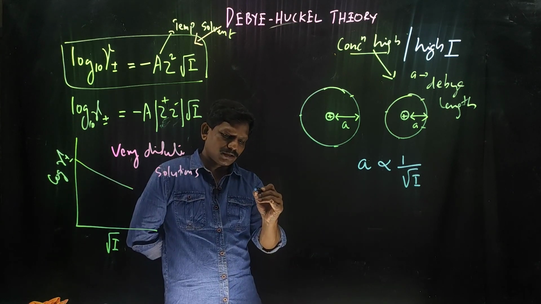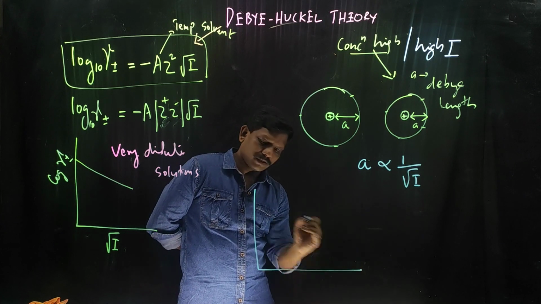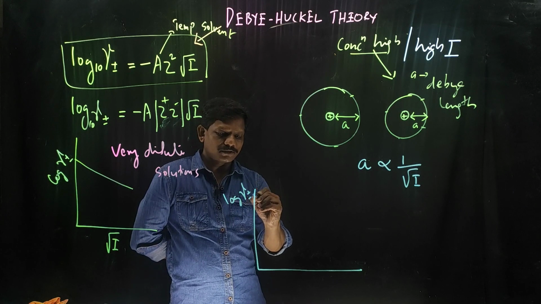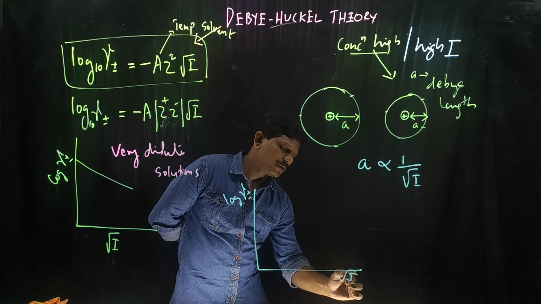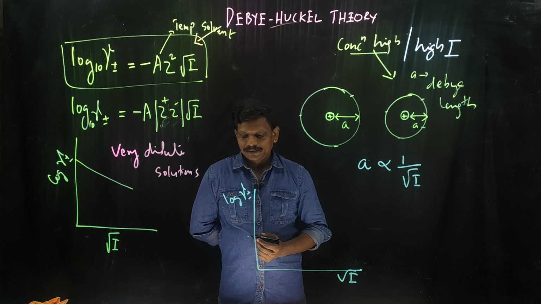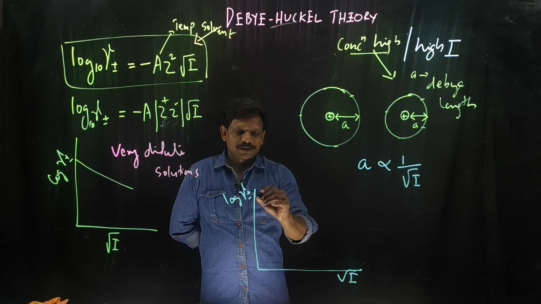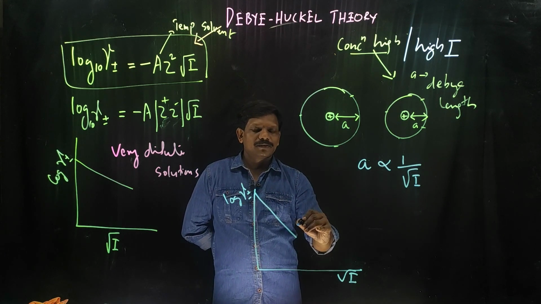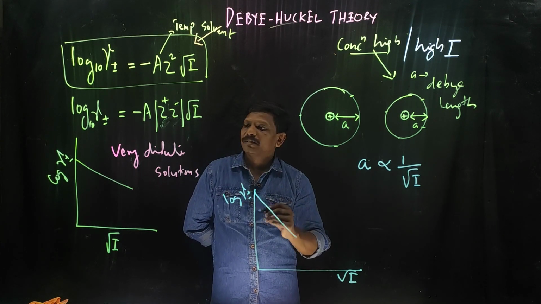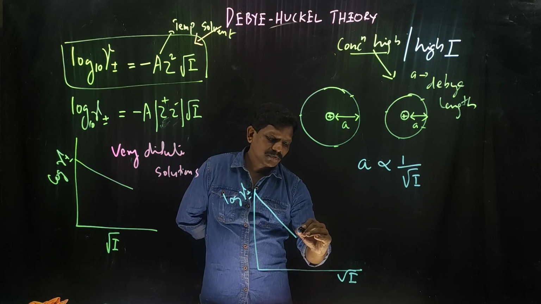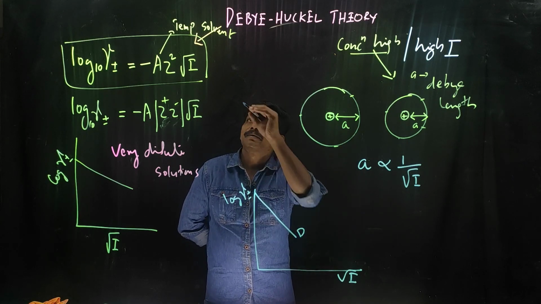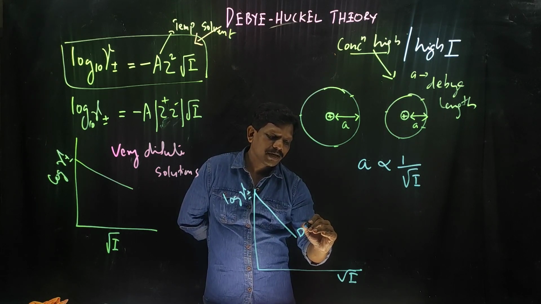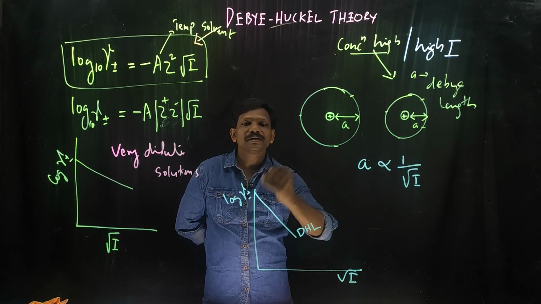Okay, so in this situation, what happens? I will draw our curve, the Debye Huckel curve, that is log gamma plus minus versus root I. I already told you that here you are getting a straight line in the case of a very dilute solution. That is why this particular theory is known as Debye Huckel limiting law.